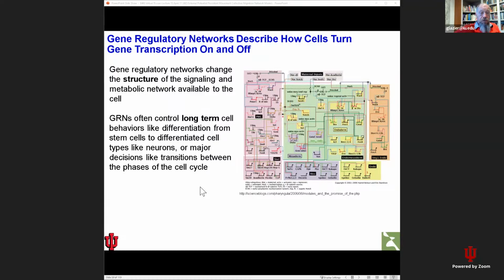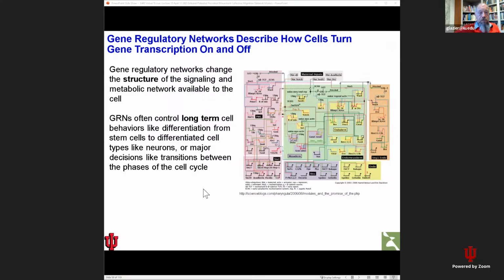Gene regulatory networks typically operate on a pretty long time scale, hours, days. Signaling networks typically operate on a time scale of minutes. And chemical reaction networks typically operate on very short time scales, seconds, even milliseconds.